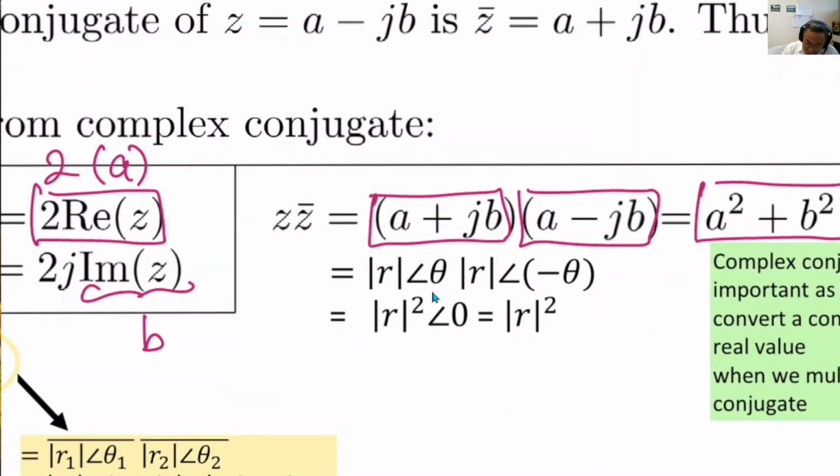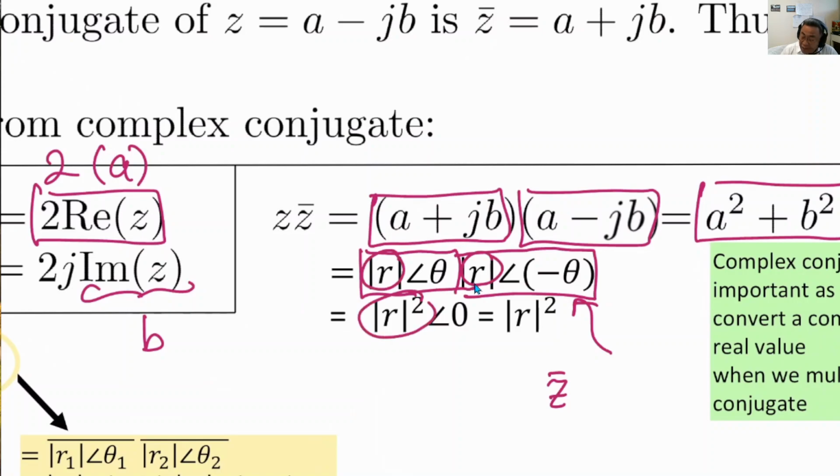Let this represent z, and of course z bar is simply the same modulus but with a negative theta, where theta is the argument of z. So if we observe this and remember what happens in multiplication in polar form, the moduli will multiply with each other.